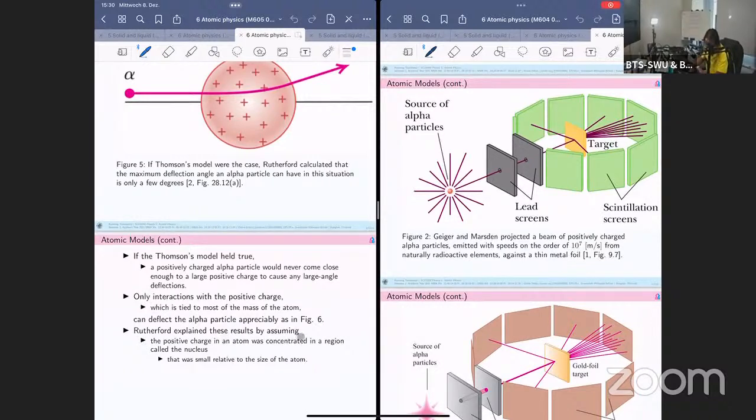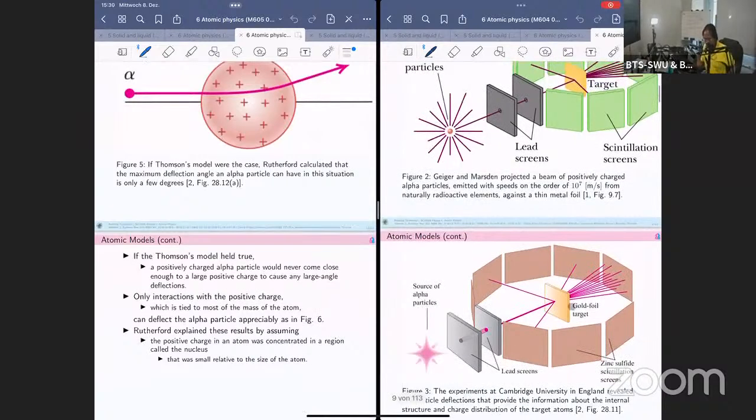Rutherford explained this result by assuming the positive charge in an atom was concentrated in a region called the nucleus. Because when the alpha particle hits that component, it could go in a deviated direction like this, right?